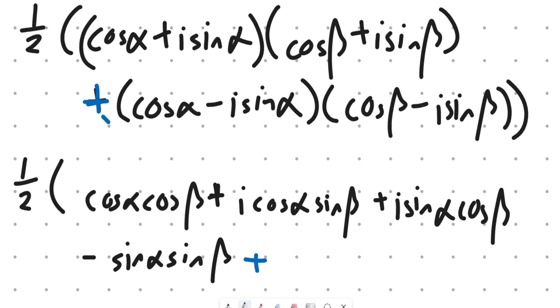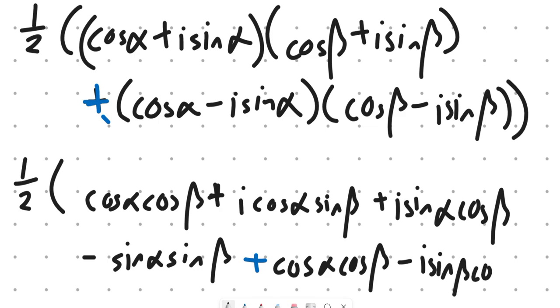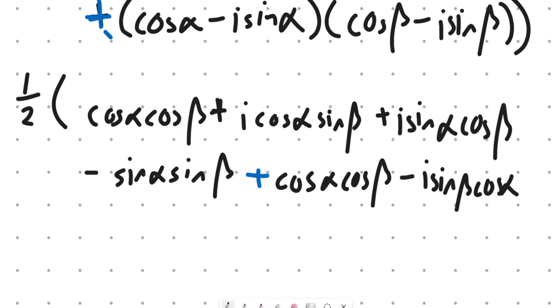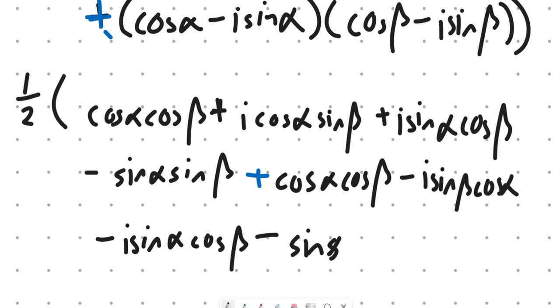Then we have cosine alpha cosine beta, then minus i cosine alpha sine beta, then minus i sine alpha cosine beta, and then minus times minus is plus, and i times i is minus, so we would have a minus again, so minus sine alpha sine beta.